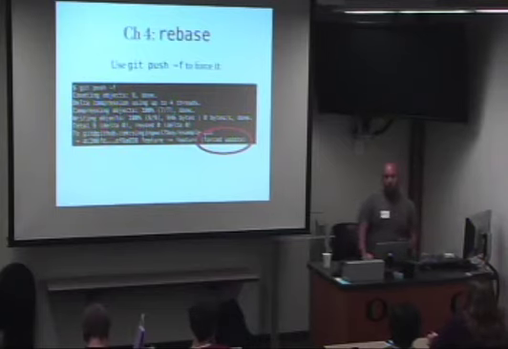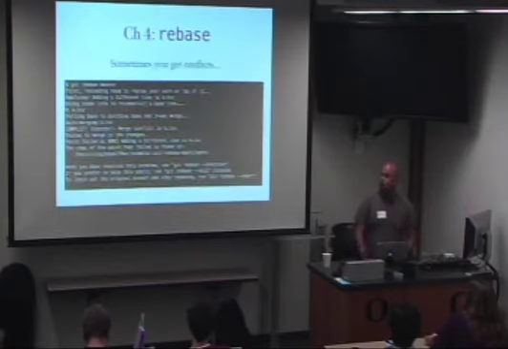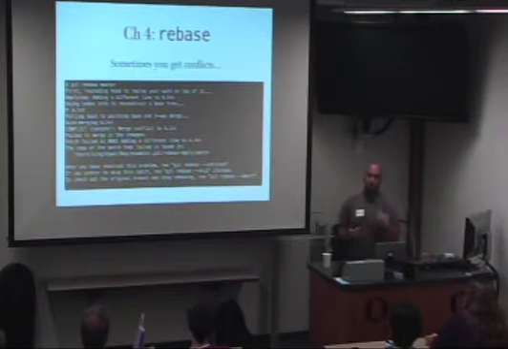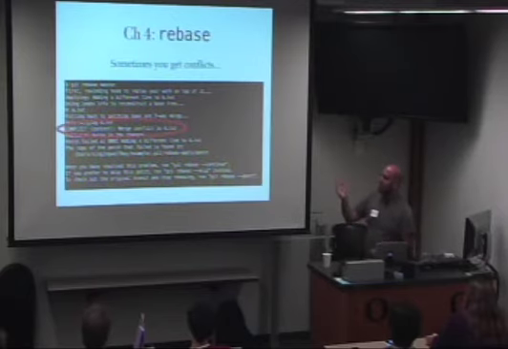So the next thing, some of you may have seen merge conflicts when trying to merge branches in. You can actually get rebase conflicts as well. This is an example of trying to run git rebase and finding that in trying to replay those commits on top of the new commit, things didn't actually work out quite so cleanly. And it'll actually say there's a merge conflict going on in here.